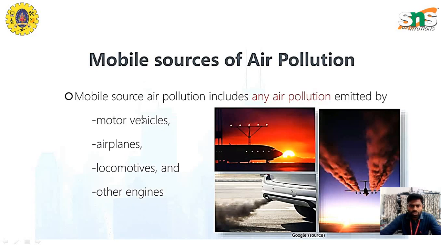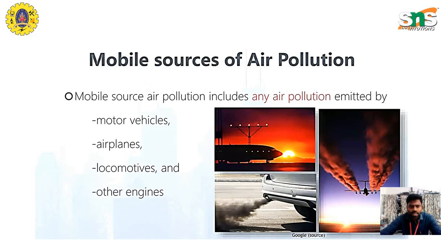The major factors include motor vehicles, airplanes, locomotives, and other engines that are used to drive the vehicle. So these are the major factors that influence air pollution. With that pollution, we are in a situation where we need to control air pollution by implementing various rules, regulations, and norms for emission control.